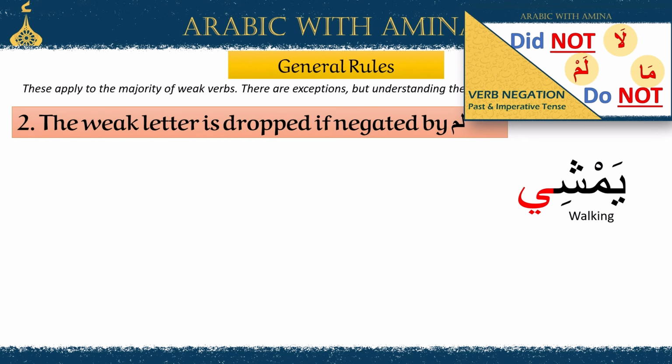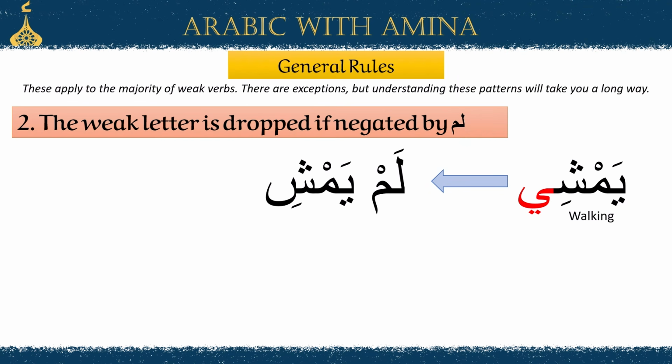So we have the present tense verb يمشي, walking. When we negate it, it becomes لم يمشي. Notice that the weak letter ya is dropped, and a kasra appears in its place on the remaining letter. The matching short vowel is placed where the weak letter used to be. This allows it to be pronounced similarly.